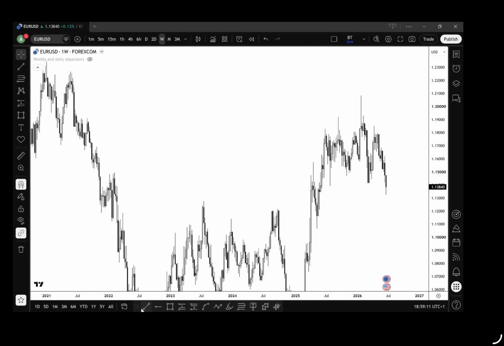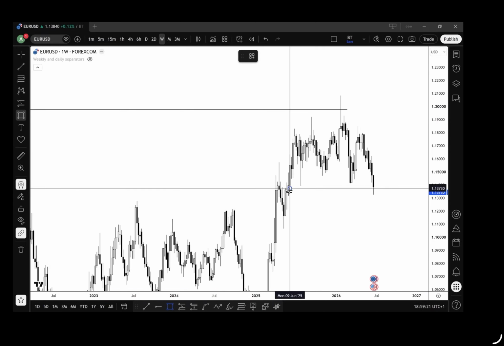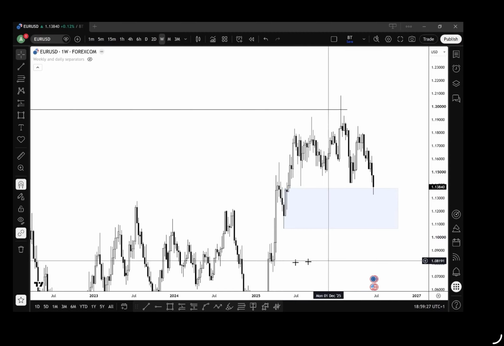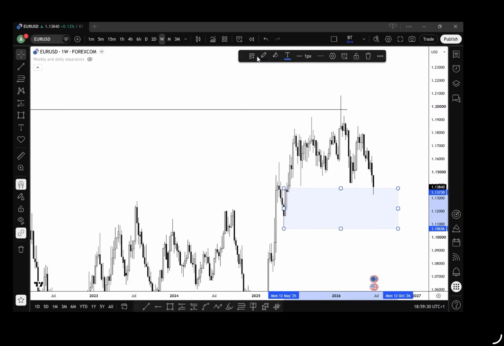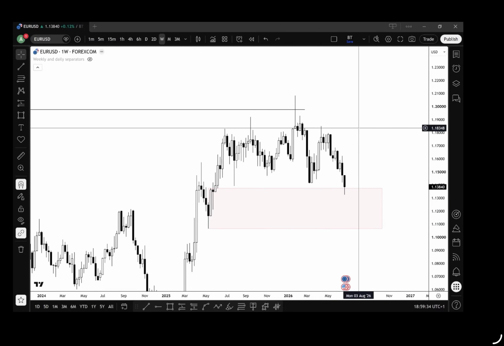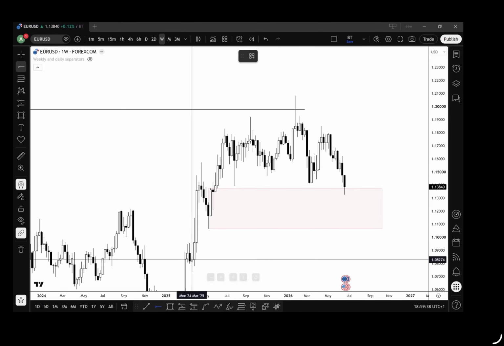Do you know what? I think, from what I can observe here, after taking out these highs and respecting this whole area, I think what's going to happen, this is just my thoughts, I haven't analysed this, I think we come higher and then move lower.